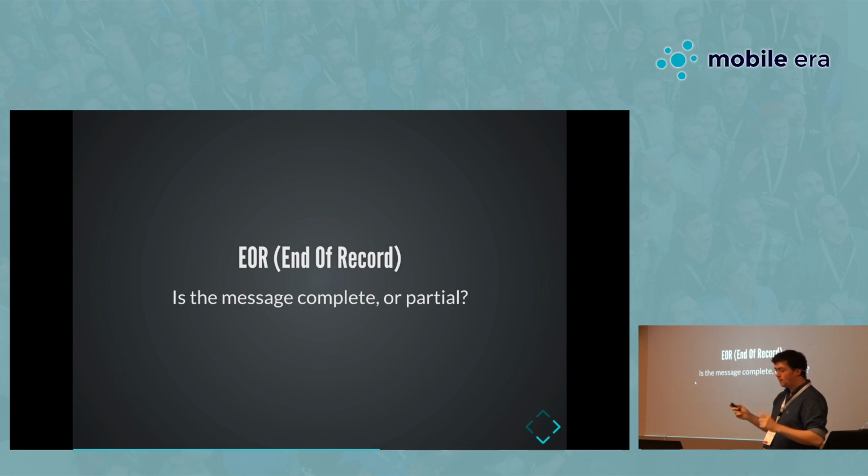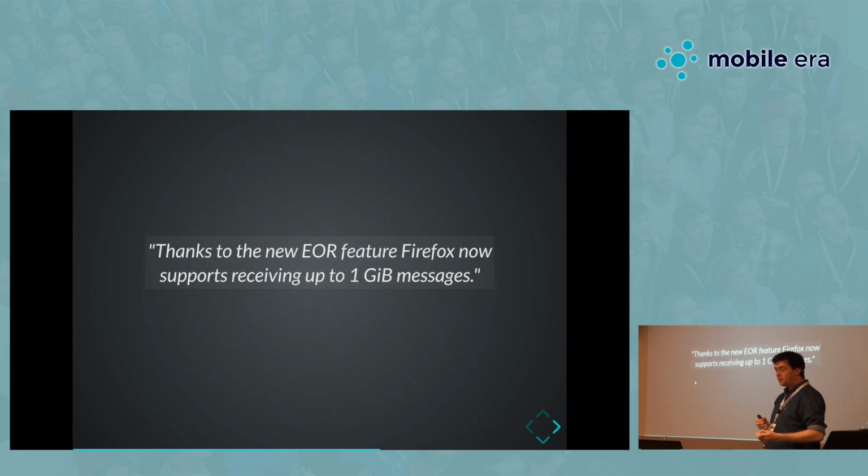However, good news. Thanks to the new EOR feature, Firefox now supports receiving up to 1 gigabyte messages, which means between two Firefox browsers, you can send up to 1 gigabyte files directly without breaking them up at all, which is really nice. And the reason it's not higher is because the entire message needs to fit into RAM before you can send it.